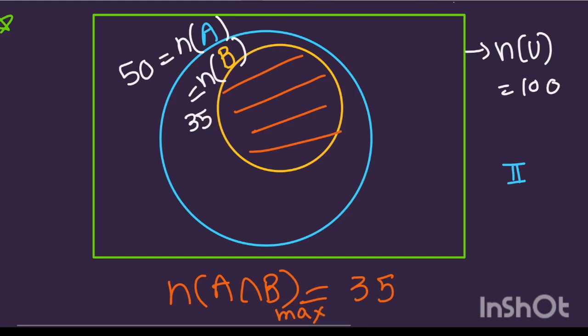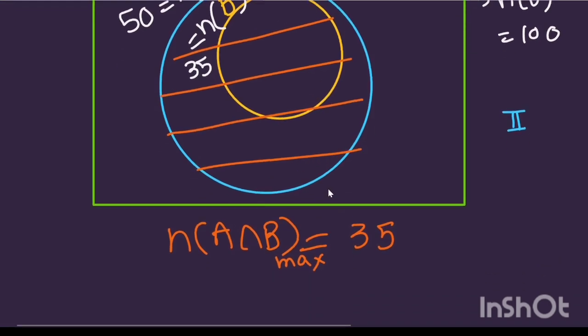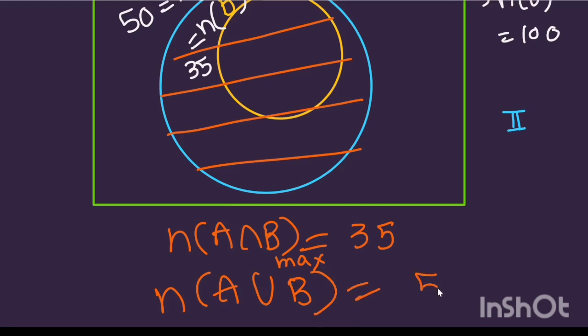Now, what about the value of Na union B, guys? From the figure itself, even though we can do it by the formula also, it's quite clear that their union is basically this circle only. So Na union B would be 50, which is equal to Na only. Since Na intersection B is max, Na union B would be minimum, guys. Okay.